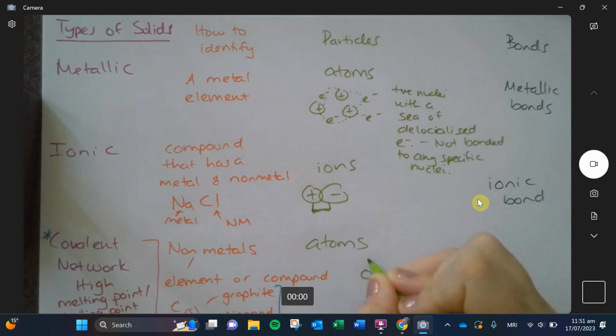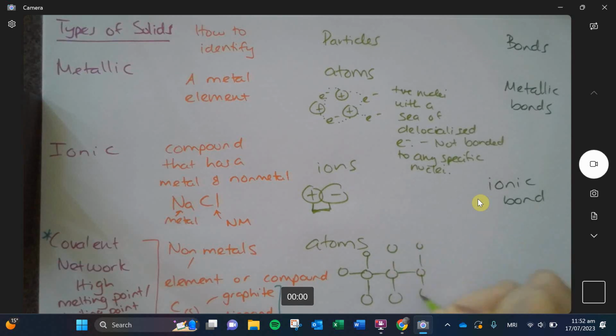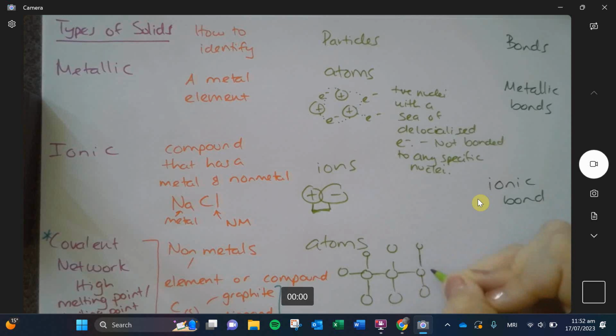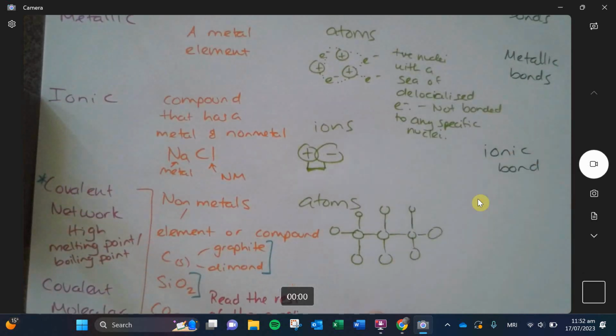All right, our covalent network are atoms. And these atoms are insanely bonded together like that. They have really strong bonds, and they create a huge network, kind of like a net.